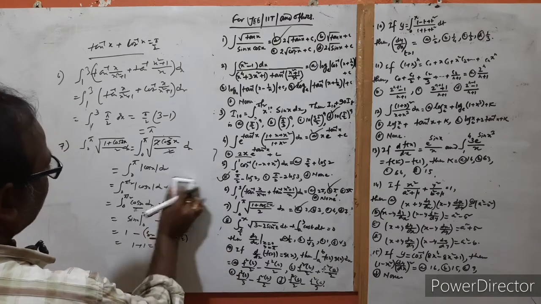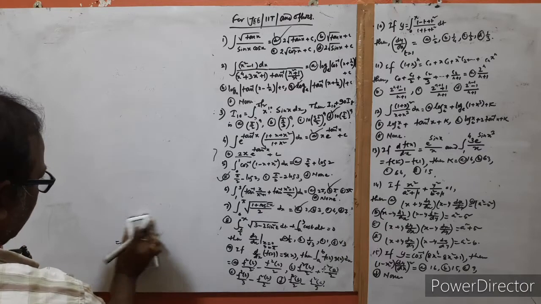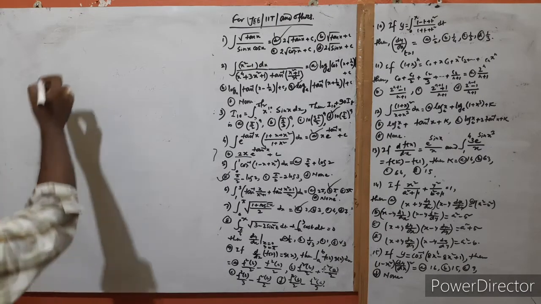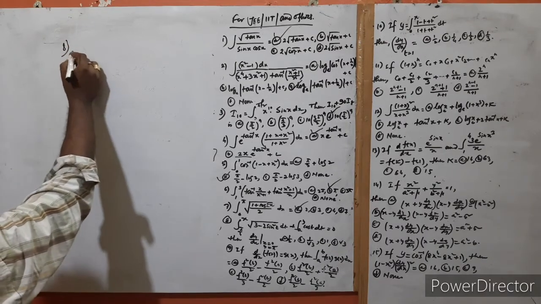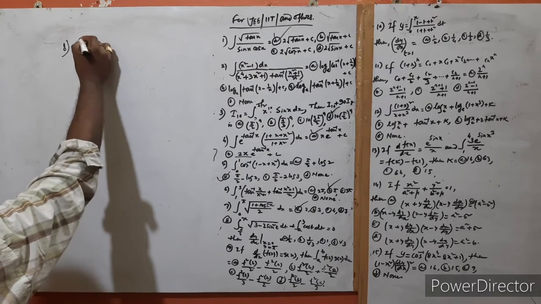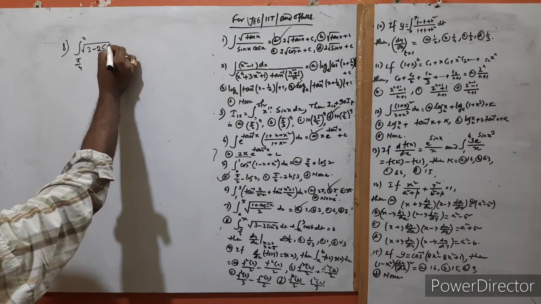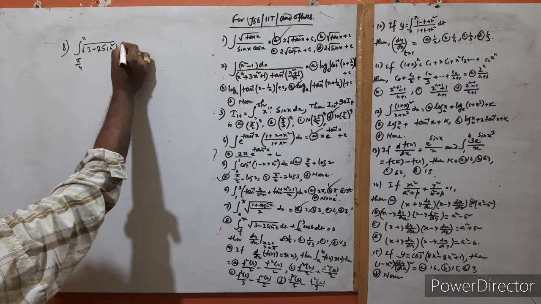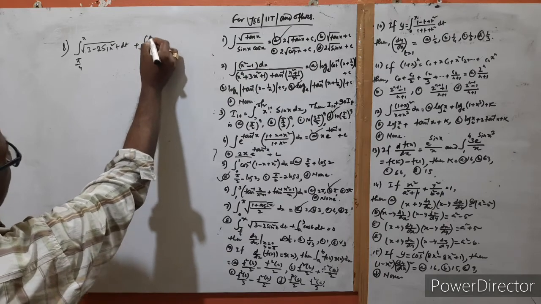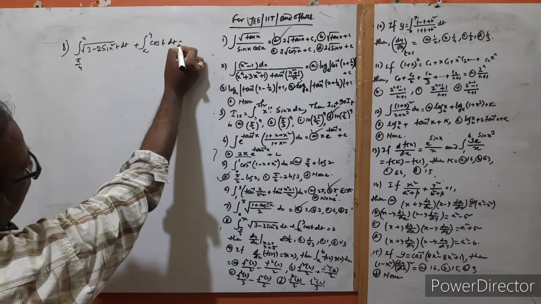In my first module this question was given, and I solved this question again. Some property is mentioned in this question: the integral from pi by 4 to x of root over 3 minus 2 sine square t dt, plus the integral of a2y cos t dt equal to 0.